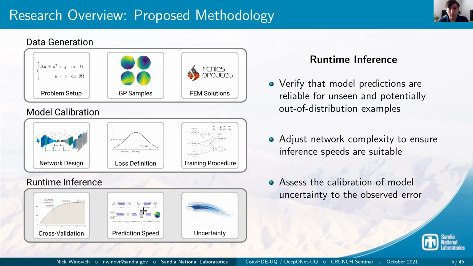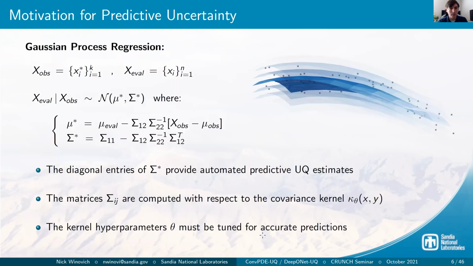Although we'll talk about that more in detail, there's no training required, so it's typically much faster than some of the other approaches, the non-operator approaches. And then finally, we want to assess or have some confidence in the uncertainty predictions that our model produces.